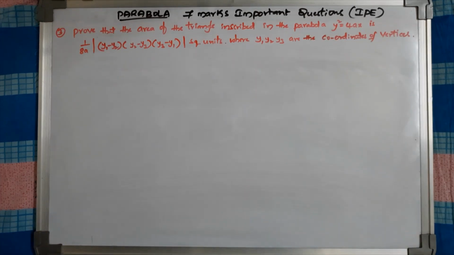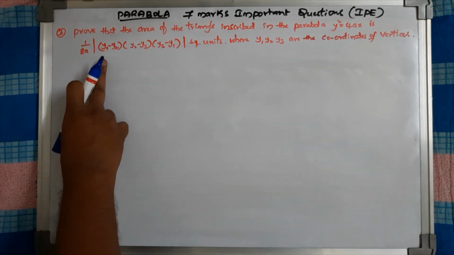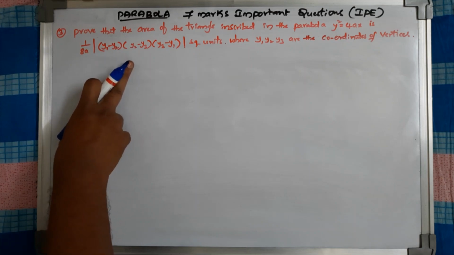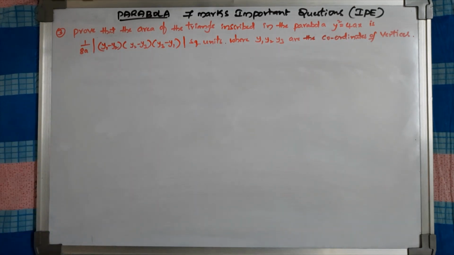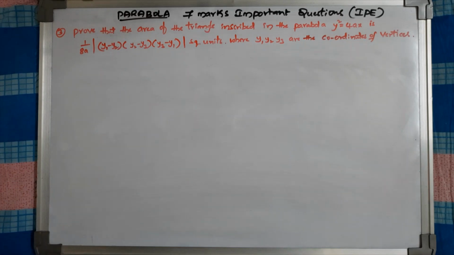Now the third question is, prove that the area of the triangle inscribed in the parabola y square is equals to 4ax is 1 by 8a modulus y1 minus y2 into y2 minus y3 into y3 minus y1 square units, where y1, y2, y3 are the coordinates of vertices, right?